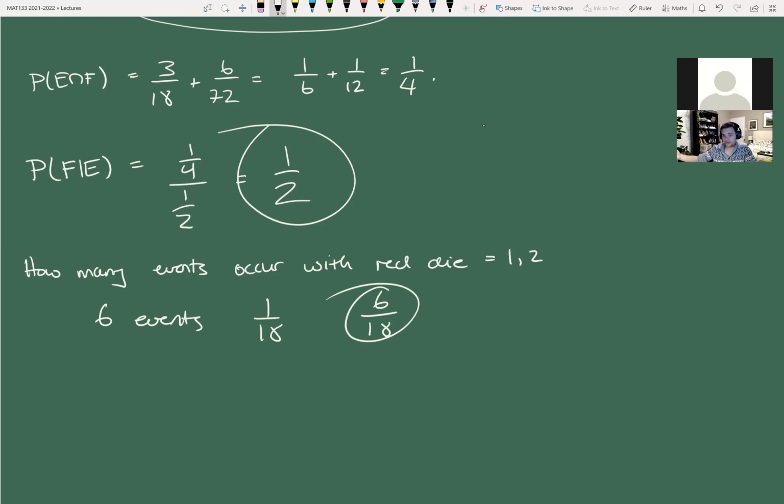And then I would have done the same thing with the non-red dies. Instead of writing them all out, I would have counted them and multiplied by what I knew their probability to be. This technique requires a lot more explanation. If you're writing it down as an answer, you really have to explain what you're doing in every portion. But that's how I would have done it without writing everything down. Does that make sense?